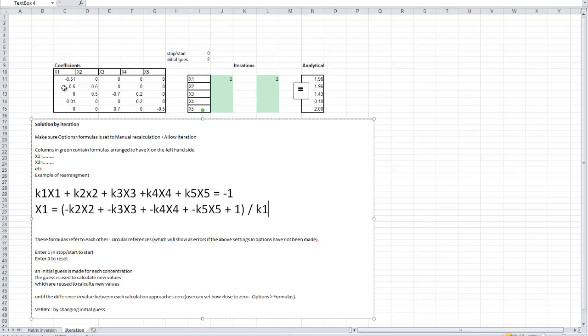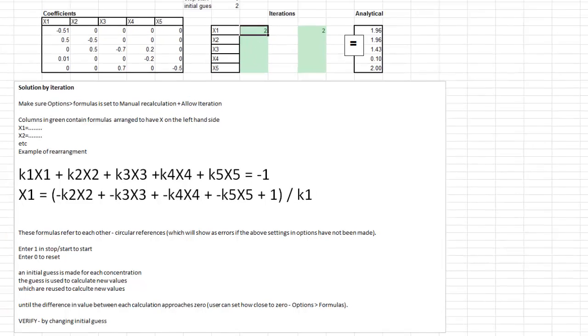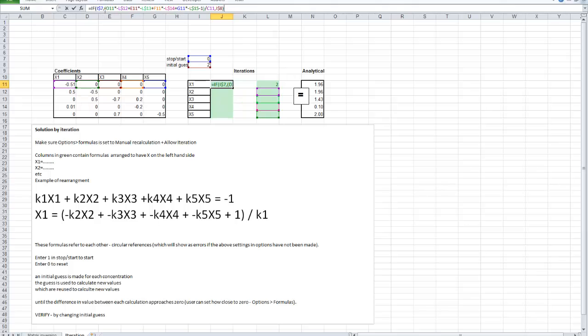Similarly, you're going to have an equation for x2, for x3, x4, and x5, and you need to write those equations in. The first one's been written in for you, and if you just look between these commas, you can see what it is, which is, as it says there, minus k2 times x2, so that's the first term there, d11 times minus L12.